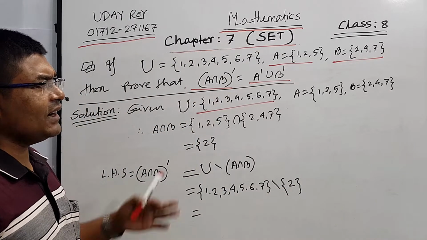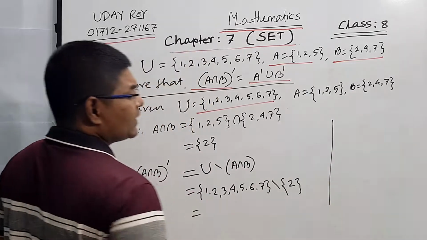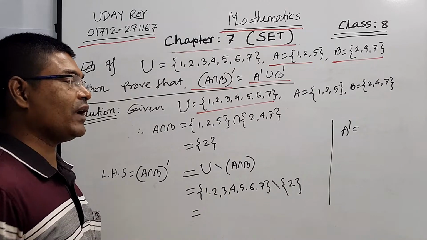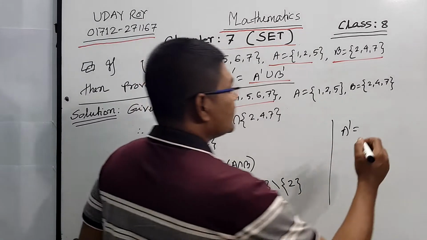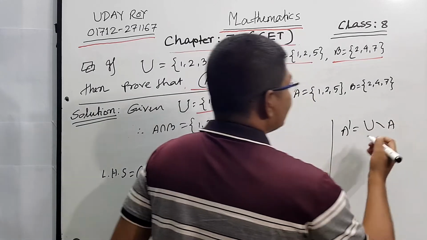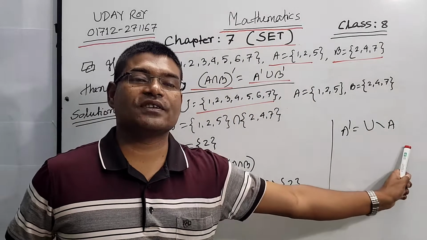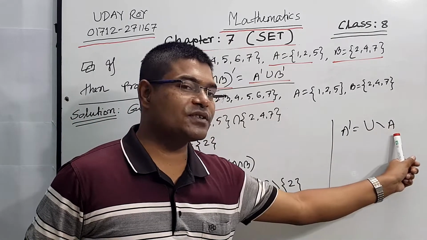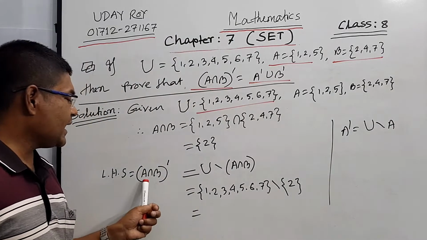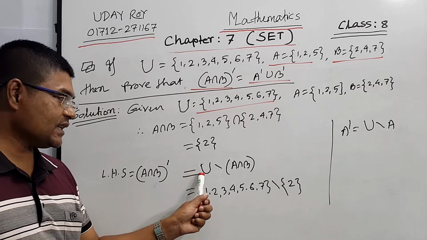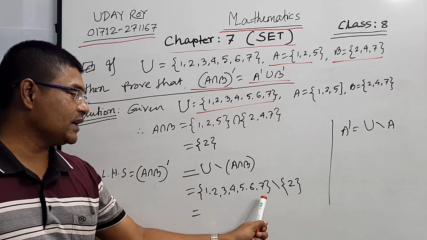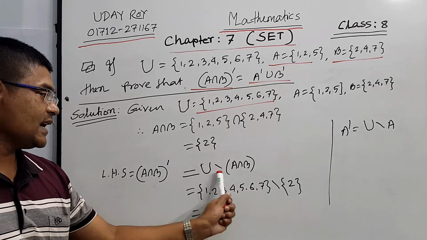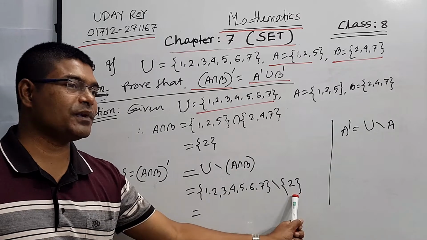So we have learned the rule: if we have to find the complement of A, mathematically we can write universal set difference of A. We cannot say minus, universal set difference of A. In the same way, complement of A intersection B means universal set difference of A intersection B. So universal set difference and A intersection B here is 2.